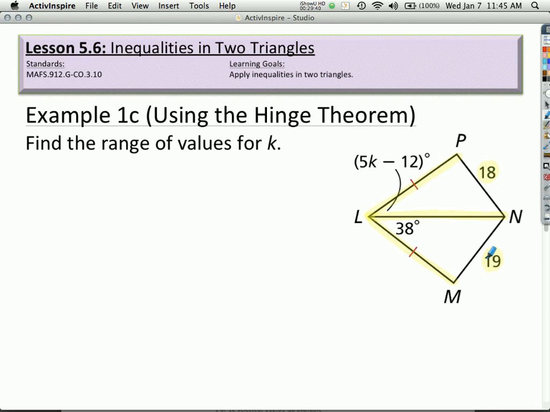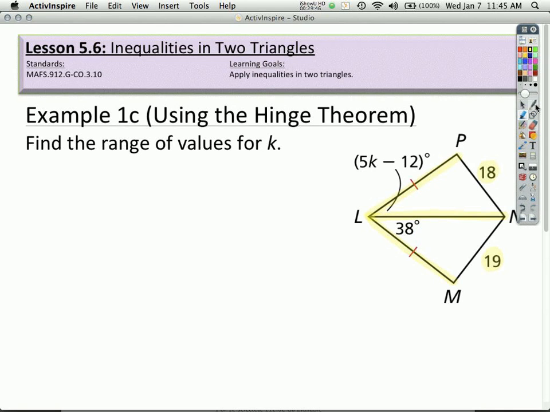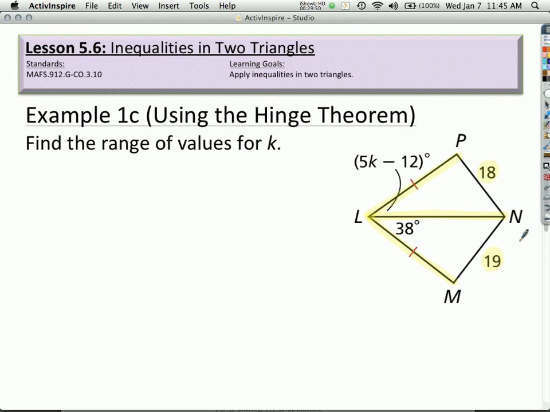That tells us something about these two angles. What does it tell us about the two angles? This is 19 and this is 18, and we have the congruence. What does it tell us about this angle and this angle?